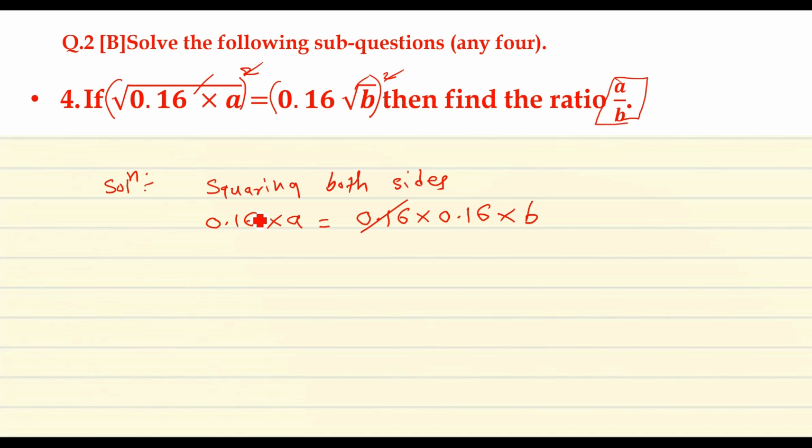So this 0.16 and 0.16 cancel here, and now the question is asked about A upon B.